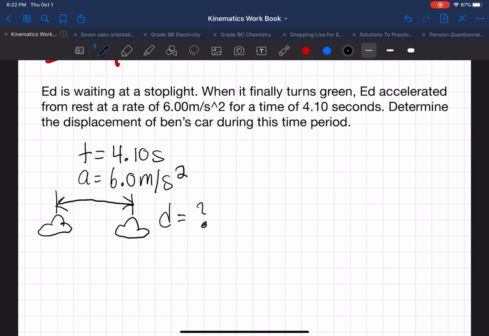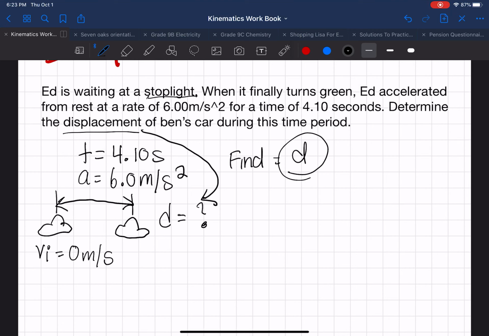However, the car, when it first started, was waiting at a stoplight, so that means the initial velocity of the car was 0 meters per second. Determine the displacement: again, the displacement is the unknown variable that we are looking for.